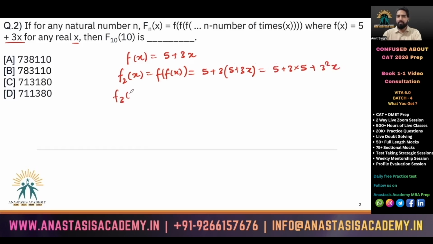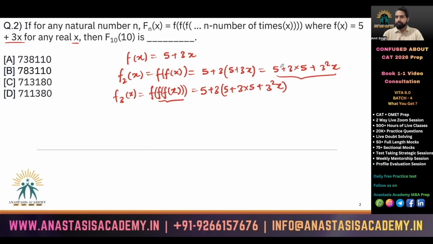If I write f^3(x), I would write f(f^2(x)), right? So it would be 5 plus 3 times, because I need to have f^2(x) as the input in the given function. I need to give this function as the input. So it would be 5 plus 3 into 5 plus 3 square x.